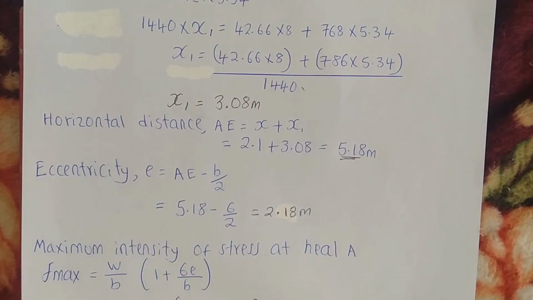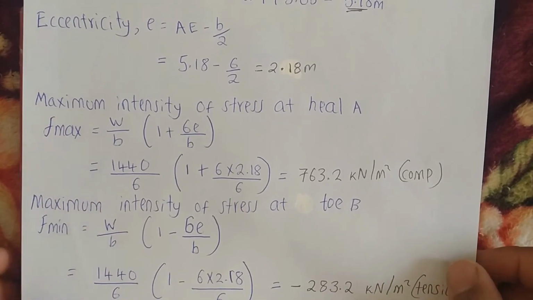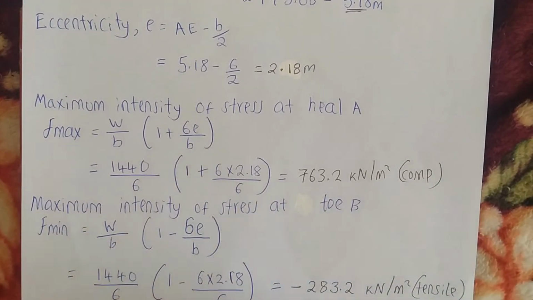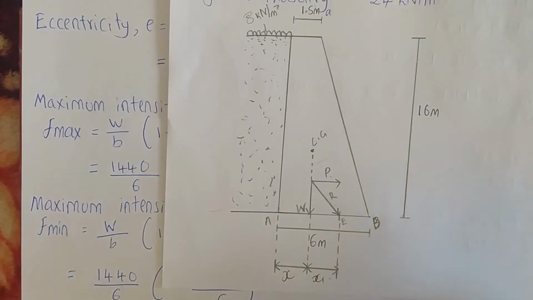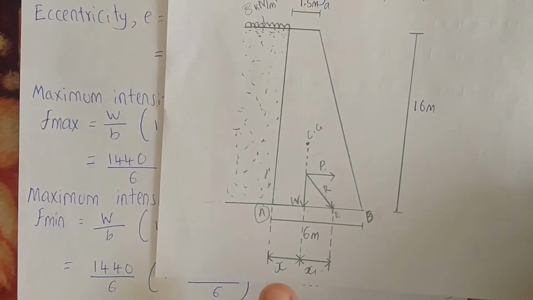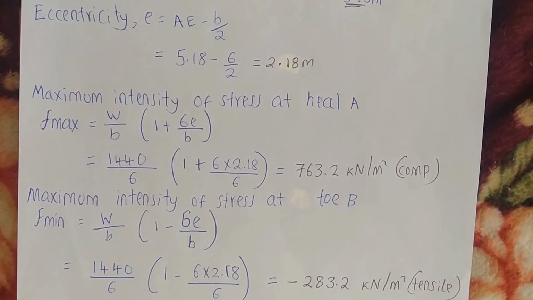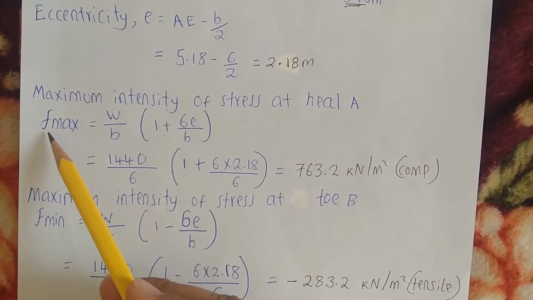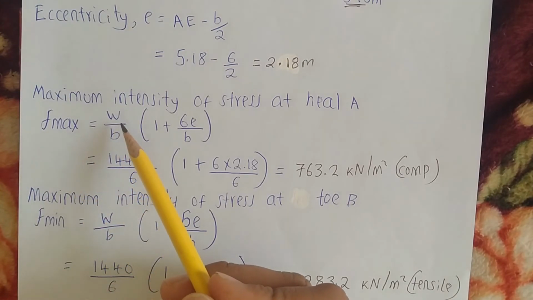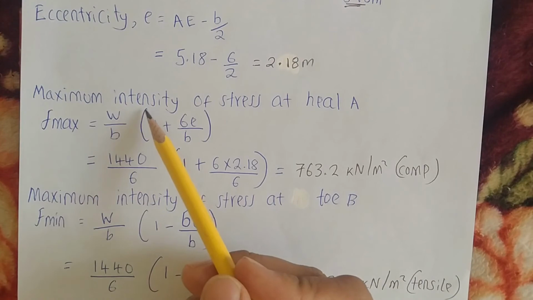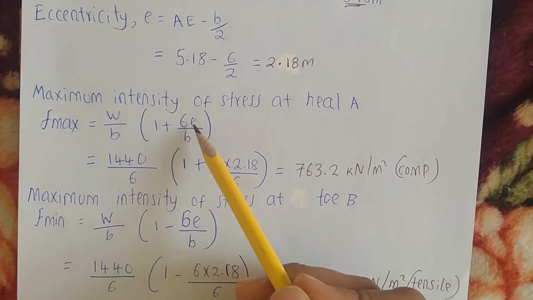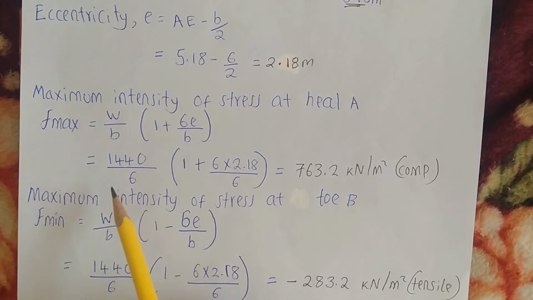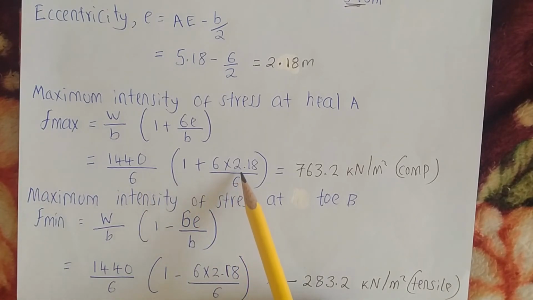Now we shall calculate the maximum intensity of stress at heel A, at this point. So our maximum intensity will be equal to the weight of the masonry wall divided by the base into 1 plus 6 times the eccentricity divided by the base, which is equal to 1440 all over 6 into 1 plus 6 multiplied by 2.18 all over 6.